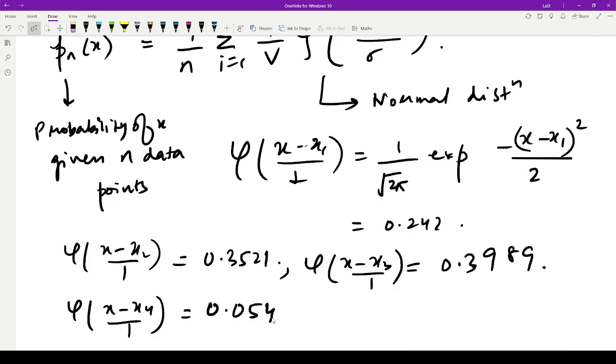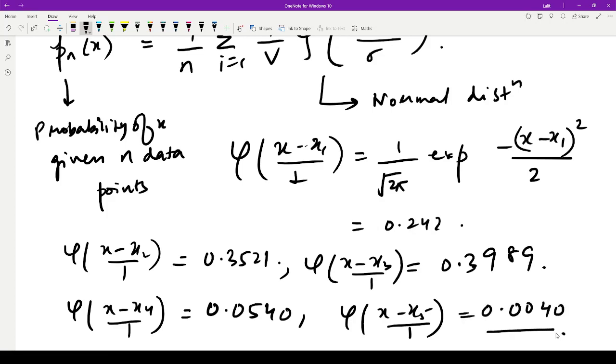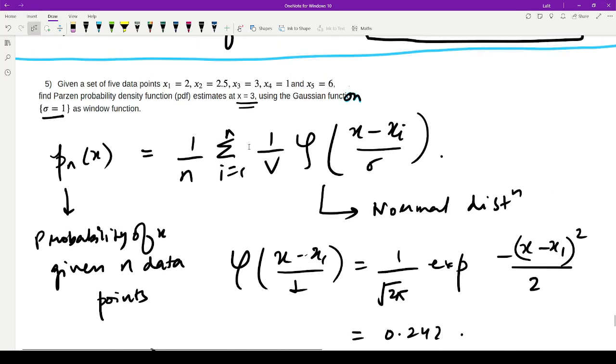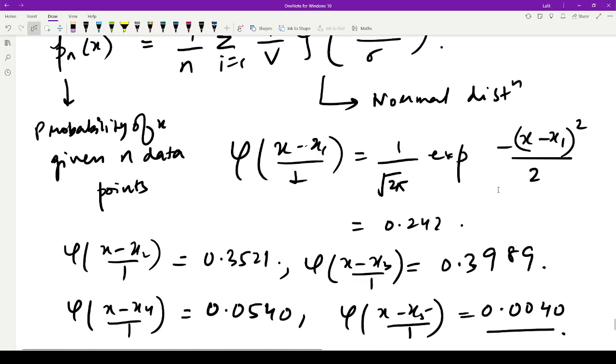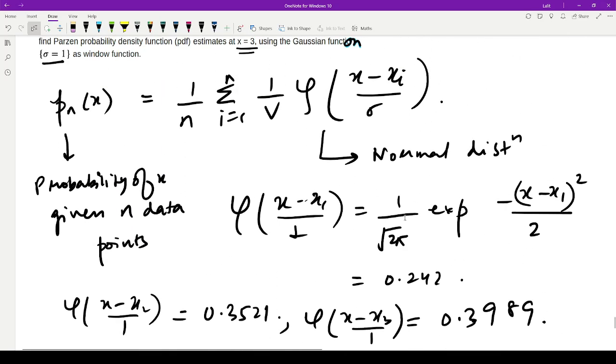This is 0.0540, and for the last one it is 0.0040 probably. Yes, just check the values. It's just taking exponentiation and dividing it by root 2 pi. Okay. So once we have these values, we'll just place it here.